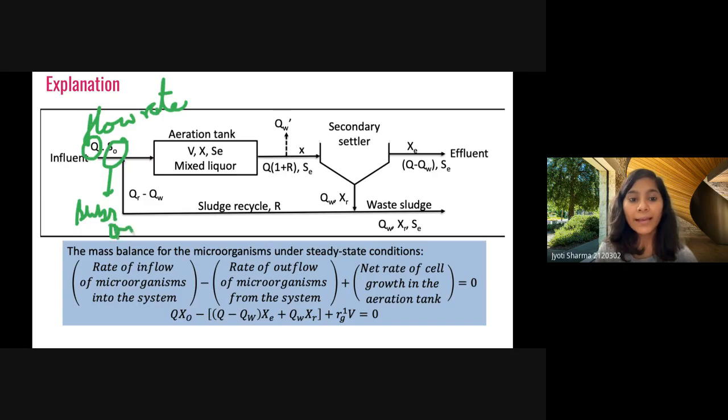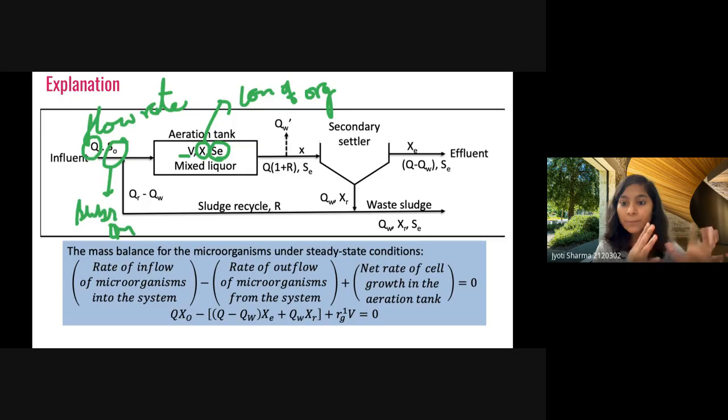X is your microorganism concentration. V is your volume. S is your substrate utilization, or this is S node.